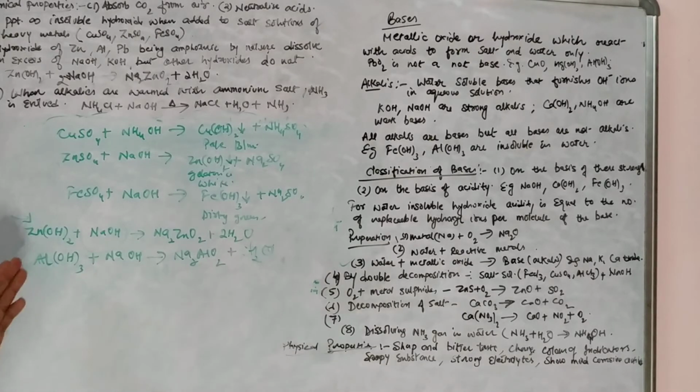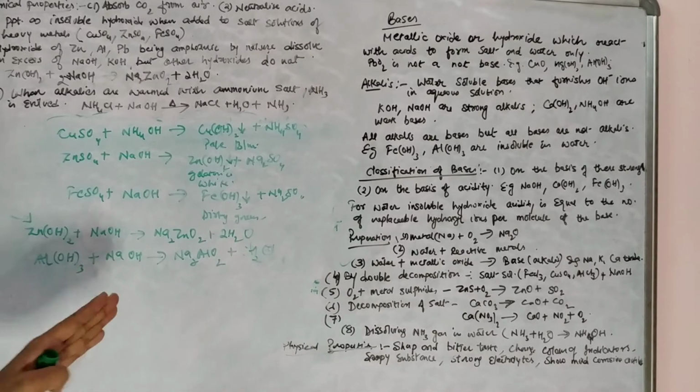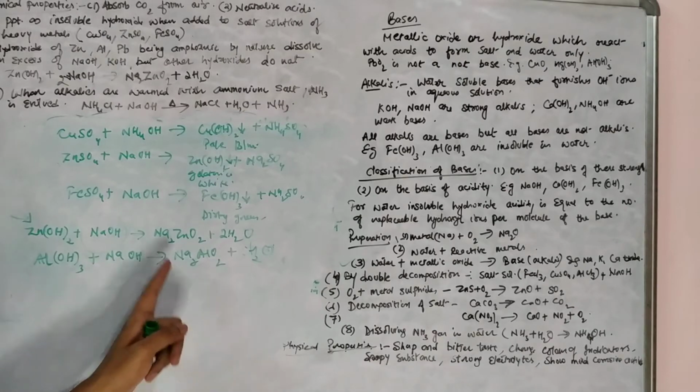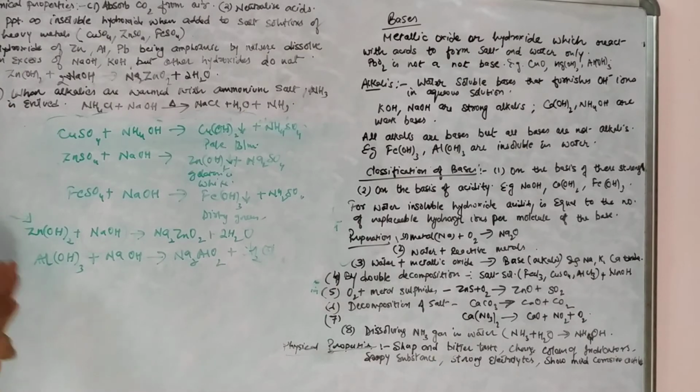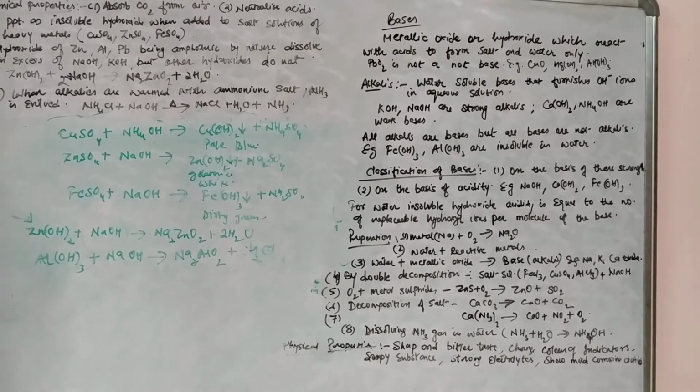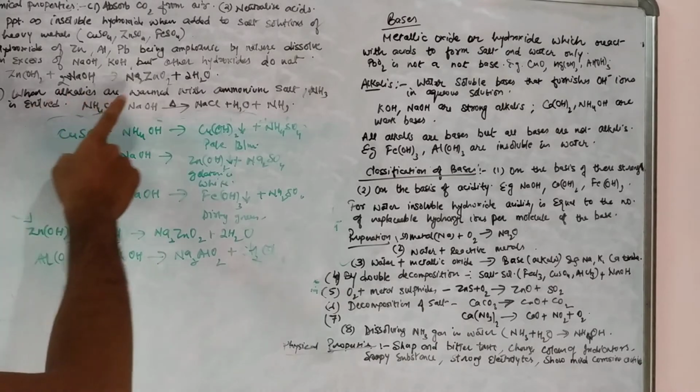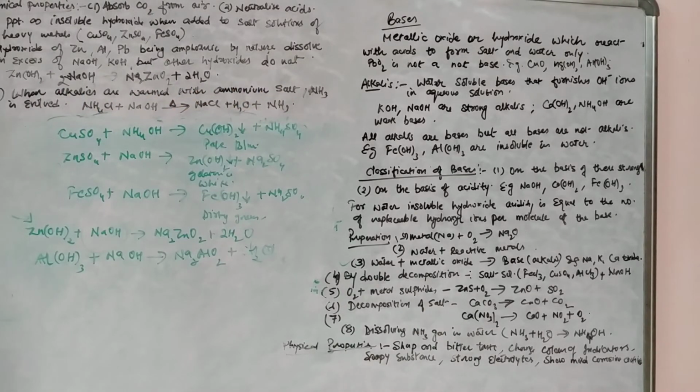So aluminium hydroxide will also dissolve in excess of sodium hydroxide, giving you sodium meta-aluminate. This aluminium hydroxide dissolves due to the formation of sodium meta-aluminate.